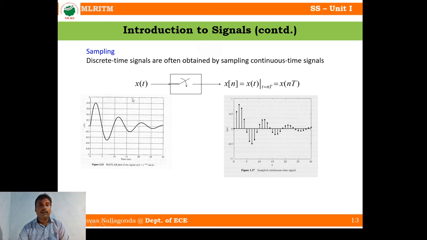This is the on and off operation of the switch inside the sampler. For every t seconds, one sample comes out from the sampler. It means the continuous time signal is converted into discrete time, and for every t seconds we get one sample from the sampler. So this is the conversion of a continuous time signal to a discrete time signal.